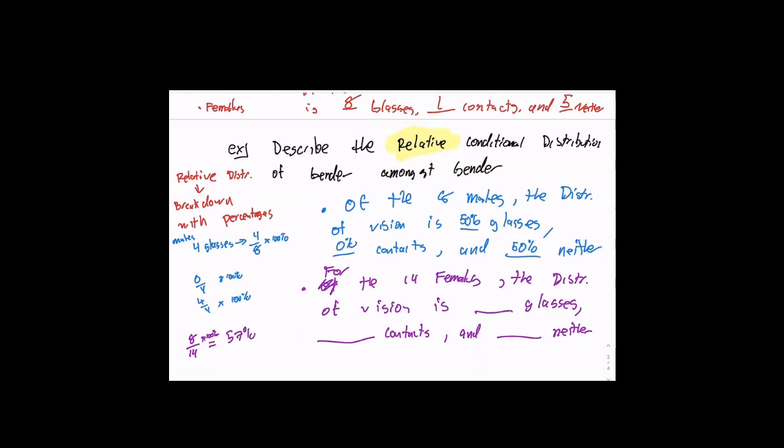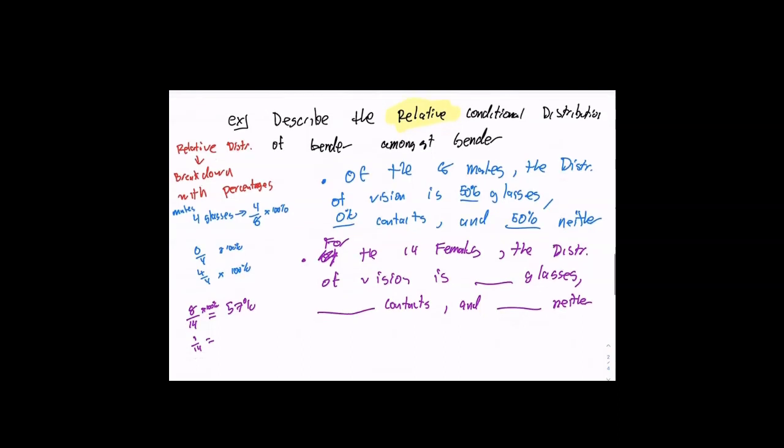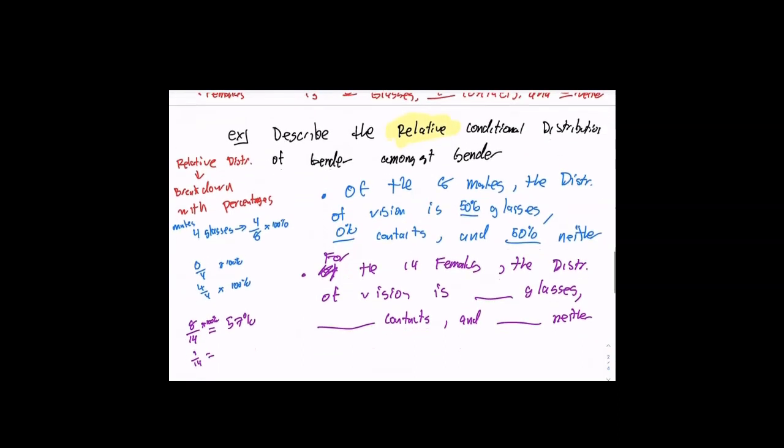And the next one would be what? 1 divided by 14? What does that give me? And the last one is 5 divided by 14?